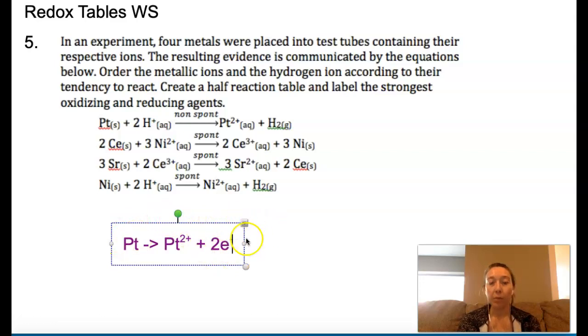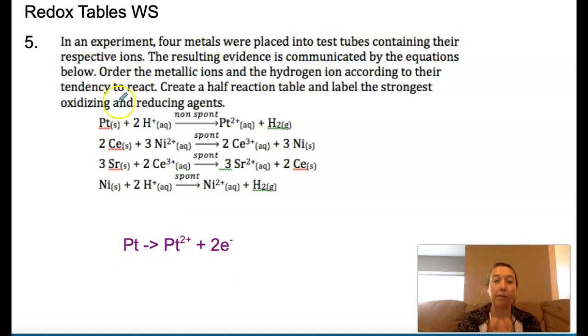Because we're putting electrons over here, we lost electrons. Pt turning into Pt2+, we lost 2 electrons. When we lose electrons, that is an oxidation half reaction. If it's an oxidation half reaction, that means the Pt has to be my RA because they go backwards, which means the hydrogen ion has to be my OA.